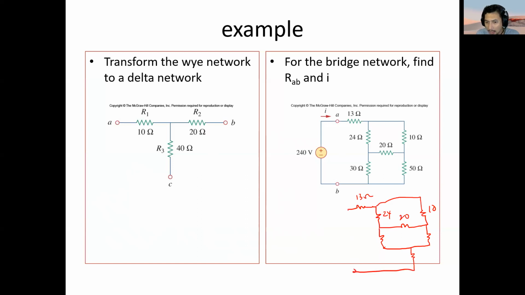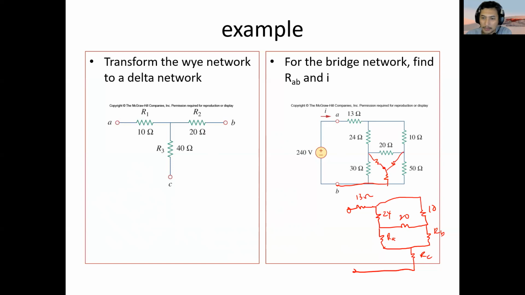After I have transformed, I should have it like this. As you can see, I have transformed the delta of the bottom side into a Y connection. For example, this one is RA, RB, and this one is RC. Is it possible now to transform this one?